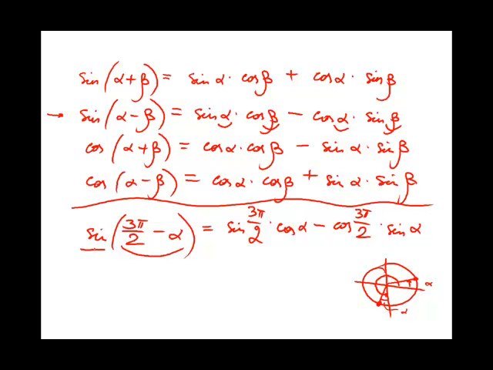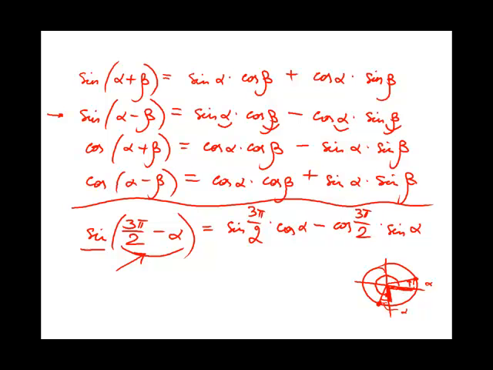What is sine of this angle? Where is the sine? Here's the sine. This length along the vertical is the sine of 3 pi over 2 minus alpha. What do we see from this picture? We see that this length is equal to this length here. Do you agree with me?